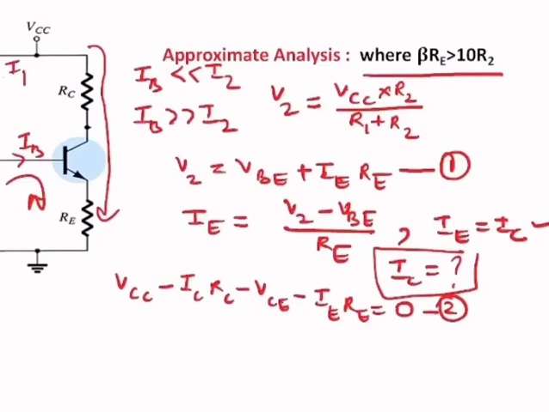IE is approximately equal to IC. Then VCE will be VCC minus IC into RC plus RE. In this way we can compute the value of VCE and collector current for this particular type of bias circuit under this condition.